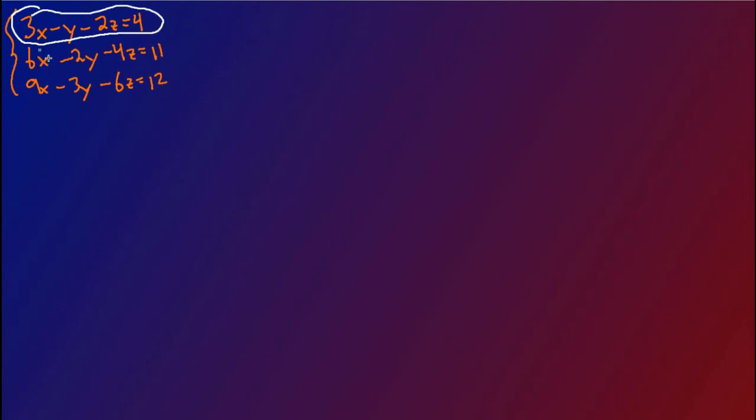And I'm going to attempt to eliminate, it looks like y will be the one to go for this time. It just looks easier. So when I pair off with this equation, I'm going to multiply this by -2. So I'm going to get -6x plus 2y plus 4z equals -8. I pair it off with this one.